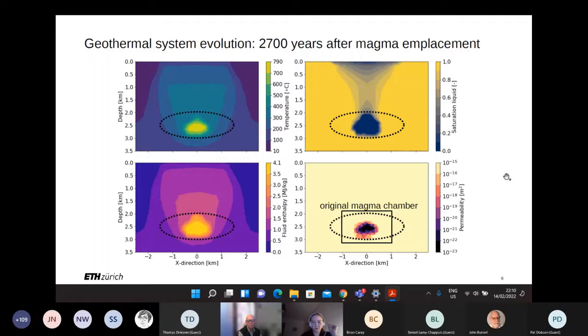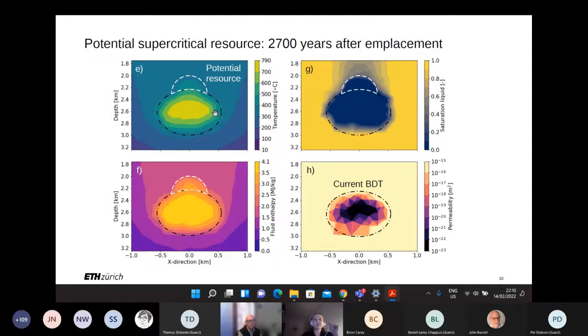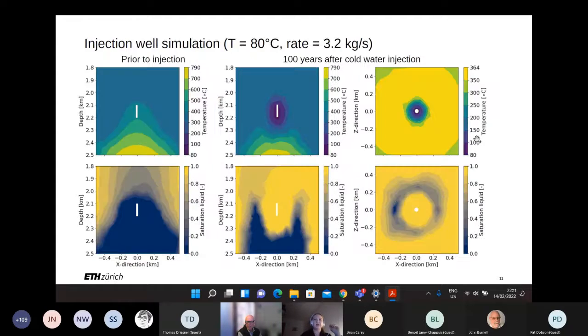And if we zoom in here in this area, we see that right above the current brittle ductile transition, where the rock already has become permeable again, there is an area where temperature exceeds the critical temperature of water, and fluid enthalpy is above 3 megajoules per kilogram, and the fluid is at single phase supercritical conditions. So this would be a potential supercritical resource that we will now target with a well and try to simulate.